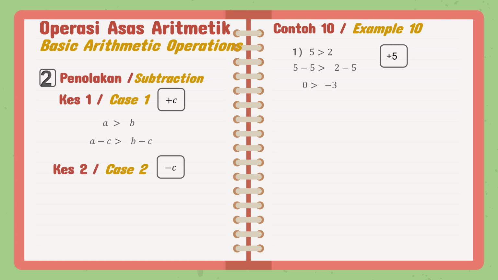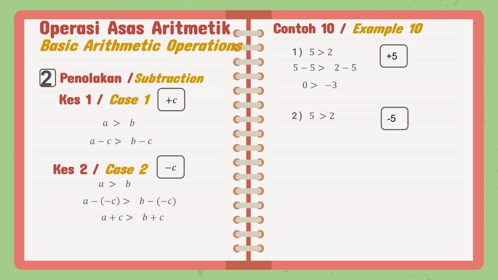For case 2, you want to subtract a negative number, so it will become like this. Since it is a minus bracket minus c, we open the bracket, which means minus minus becomes plus. So you have a plus c greater than b plus c. Look at question 2 on example 10.